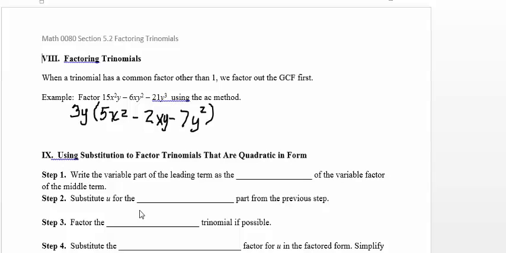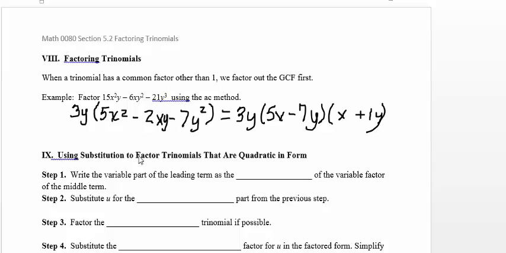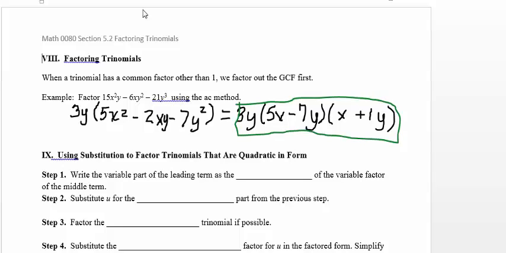The middle term should be an xy term. Alright, so we'll use our results from our previous work. That 3y is going to get multiplied by 5x minus 7y times x plus 1y. And that's my factorization. And I did use, in the previous problem, the AC method to find that. So that's our final answer.